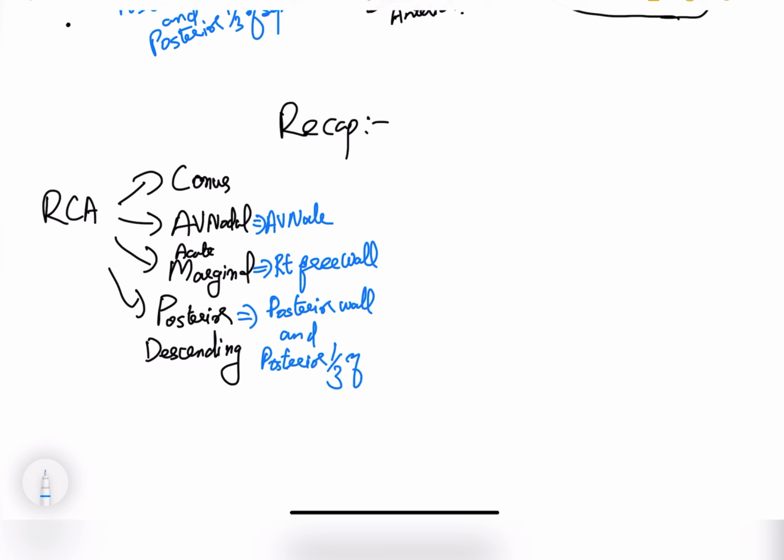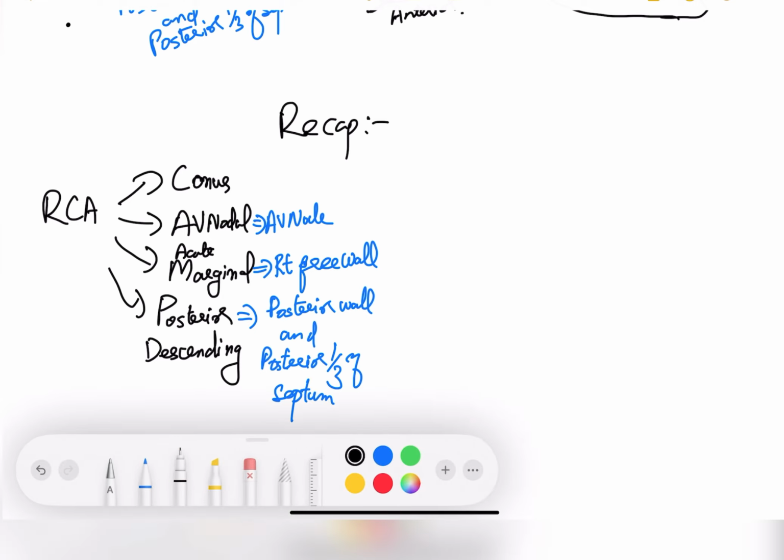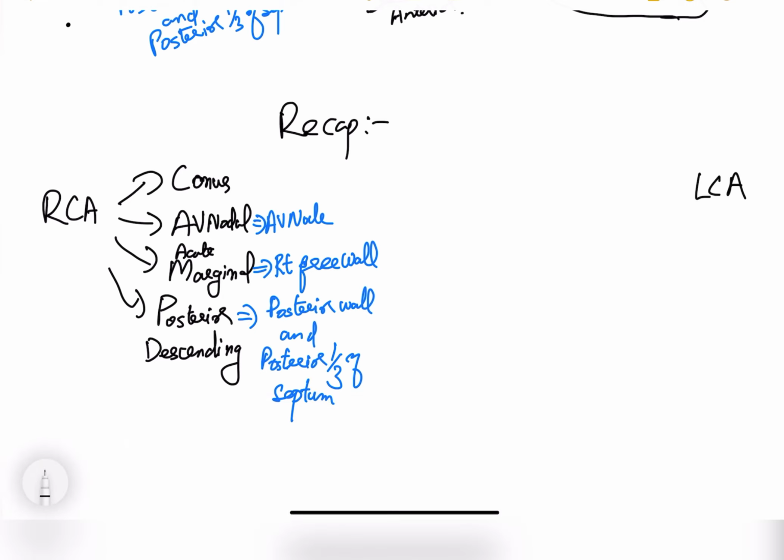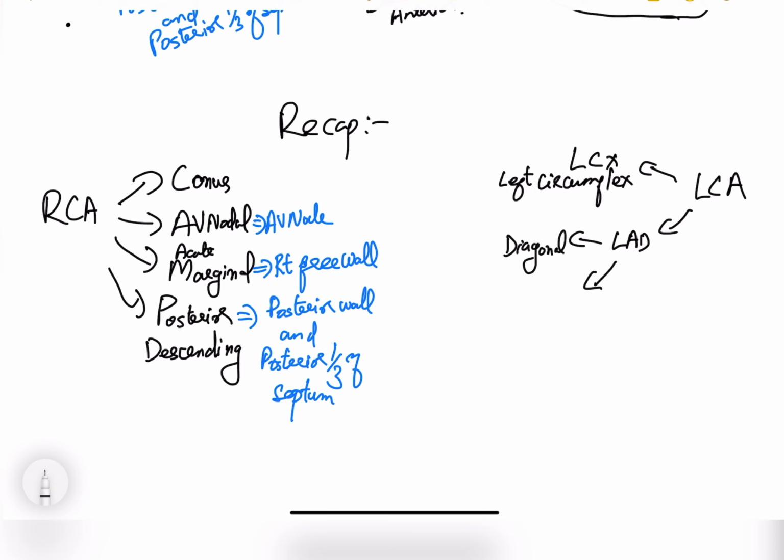Now let's see the LCA and its arteries and where they supply. LCA consists of LCx, which supplies the left ventricular wall, and LAD, which consists of diagonal and also the septal arteries.